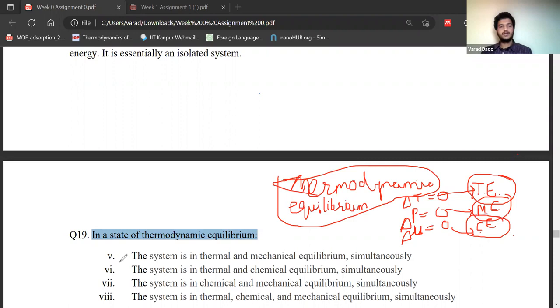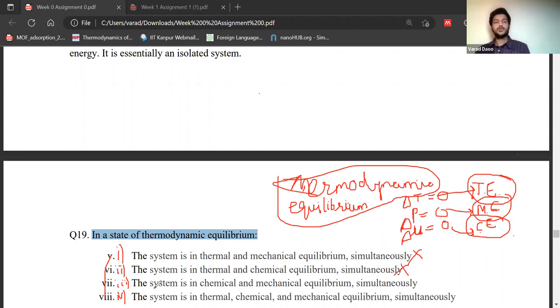So now let us look at the options. So this has to be option 1, option 2, option 3, and option 4. Okay. A system is in thermal and mechanical equilibrium. So this is not the correct answer because nothing has been mentioned about chemical equilibrium, right? Option 2 is system is in thermal and chemical equilibrium. This is also not correct because nothing has been mentioned about mechanical equilibrium.